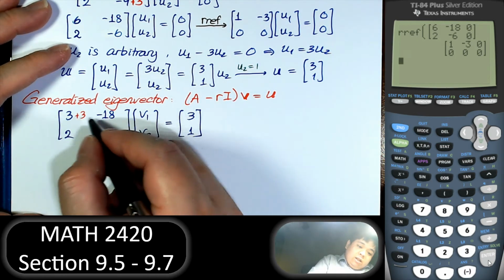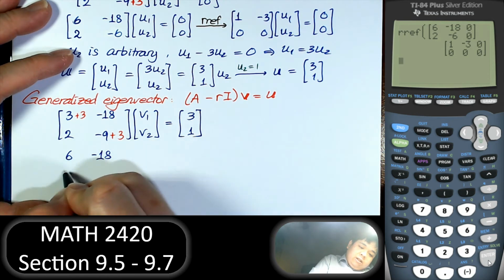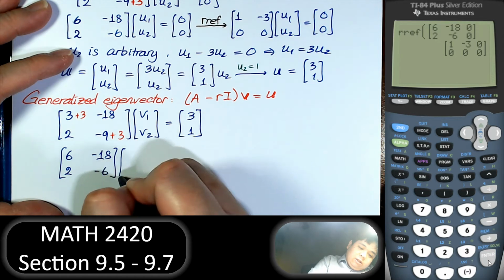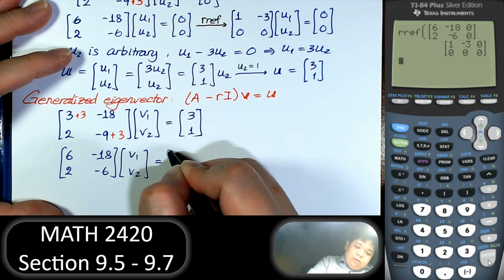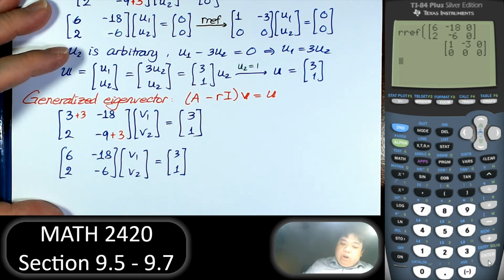Alright, so that gives us [6, -18; 2, -6] times [v1, v2] equals [3, 1]. Let's do reduced row echelon form.